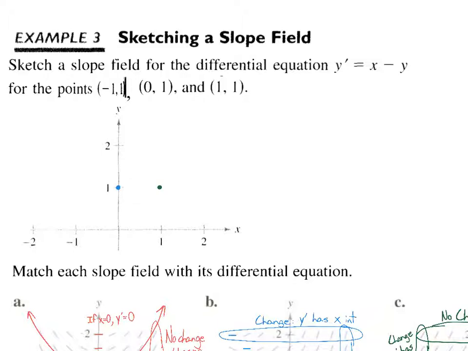And then what I do is I figure out the slope for each of these. So y prime is x minus the y. Well, that means we have a slope of -2.